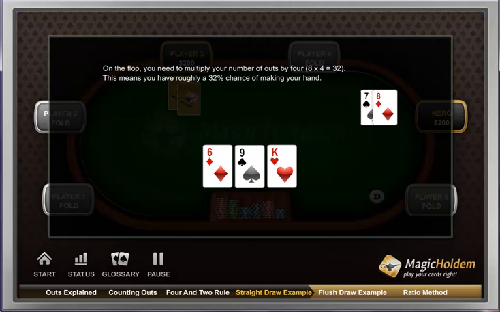On the flop, you need to multiply your number of outs by 4. 8 times 4 equals 32. This means you have roughly a 32% chance of making your hand. The precise figure is actually 31.5%.